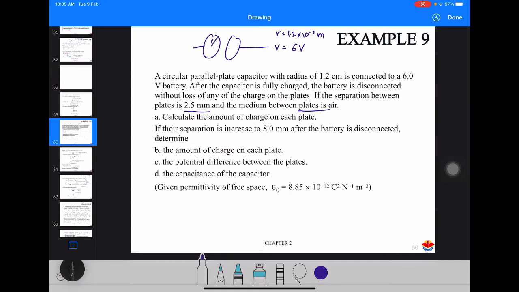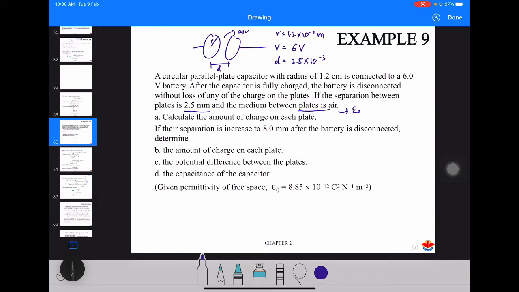Okay, so the separation is D. D here is equal to 2.5 times 10 negative 3, and in between here is air. So you can use epsilon naught straight away. Sometimes you can multiply with epsilon as well, but that one is 1.001, so it doesn't make much difference.